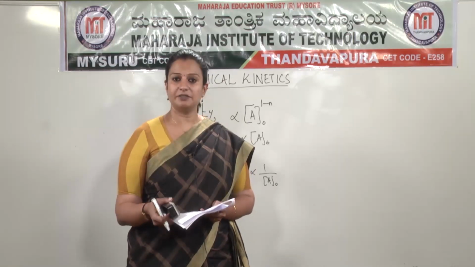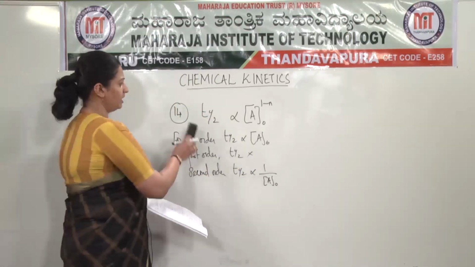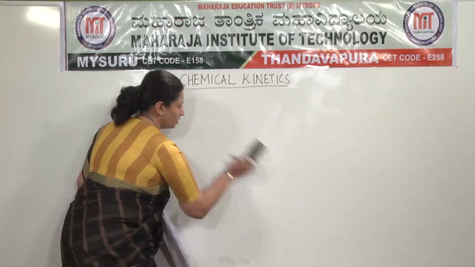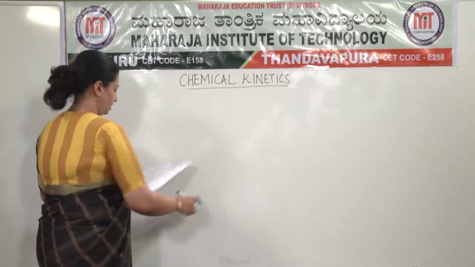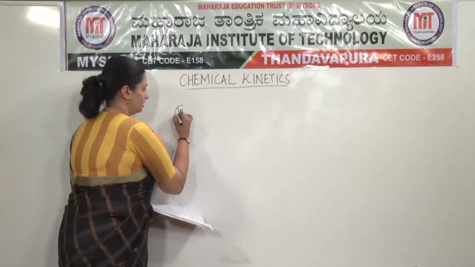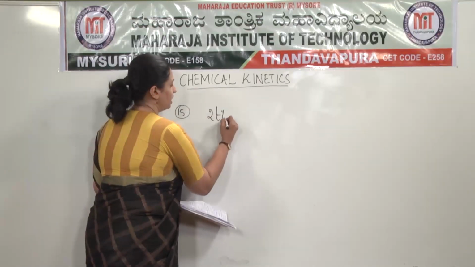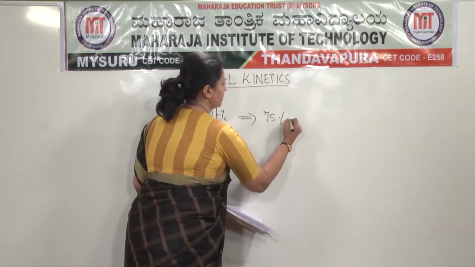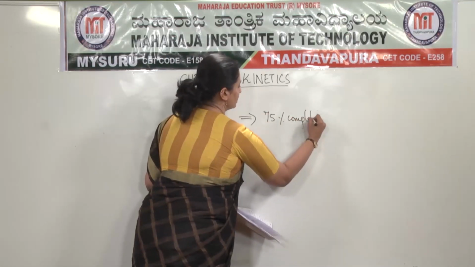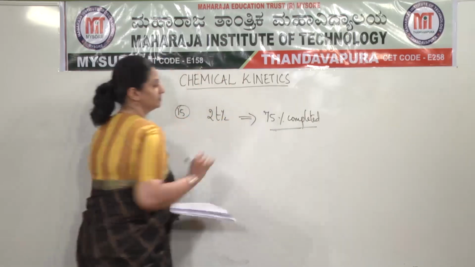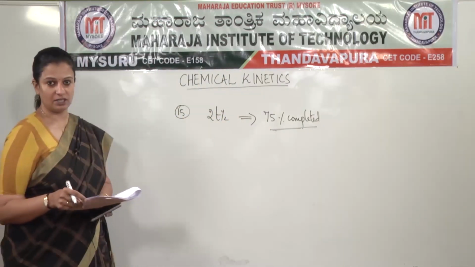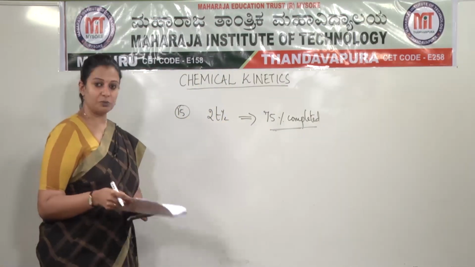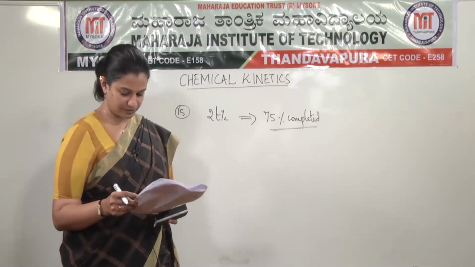If one half-life is 15 minutes, 30 minutes will be 2 half-lives. 2 T halves implies how much of the reaction will be completed? 75% of the reaction will be completed. Go refer to the chart that has been taught in the synopsis. So this will be option A. So that's question number 15.